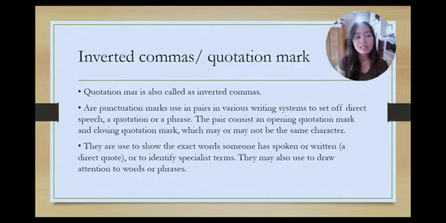The pair consists of an opening quotation mark and a closing quotation mark, which may or may not be the same character. They are used to show the exact words someone has spoken or written, a direct quote, or to identify specialist terms. They may also be used to draw attention to words or phrases.